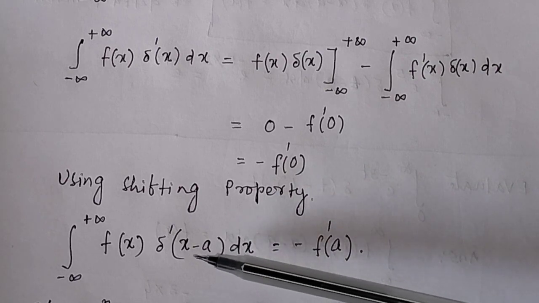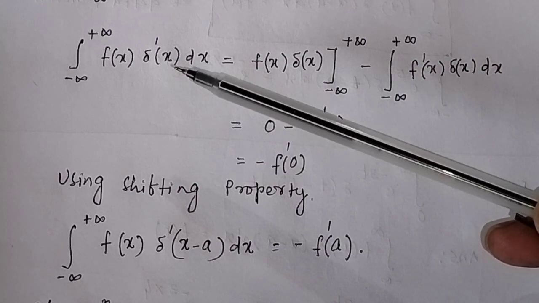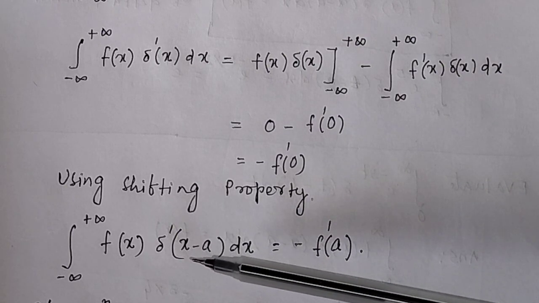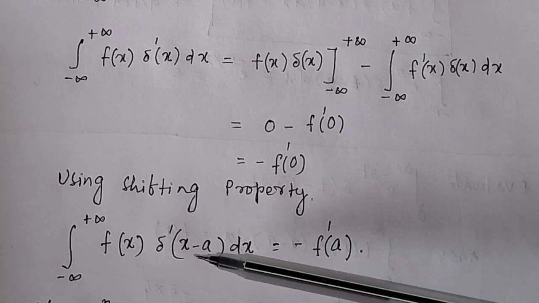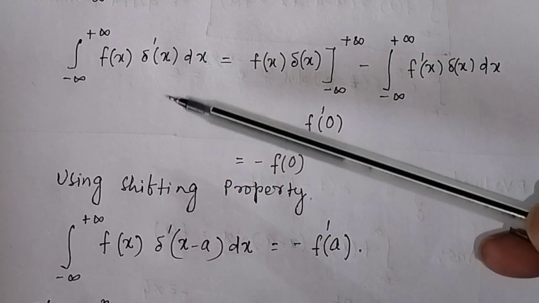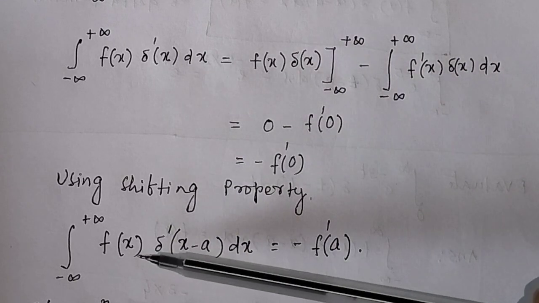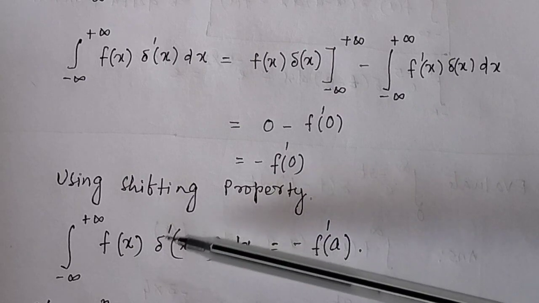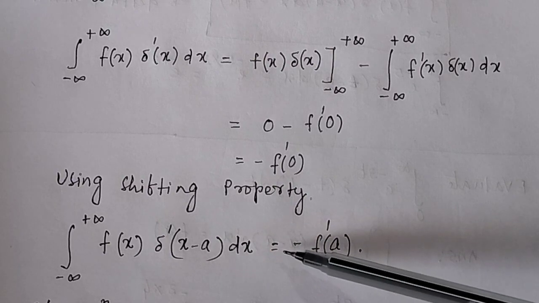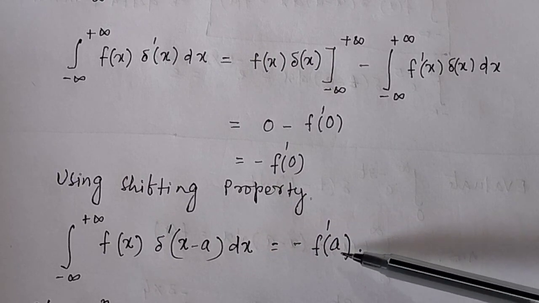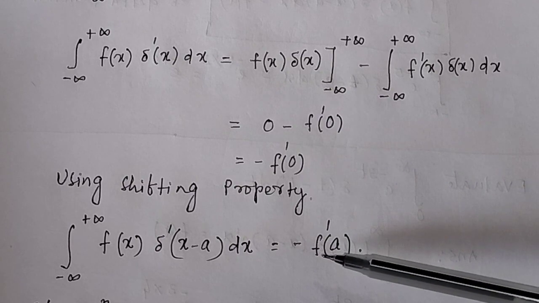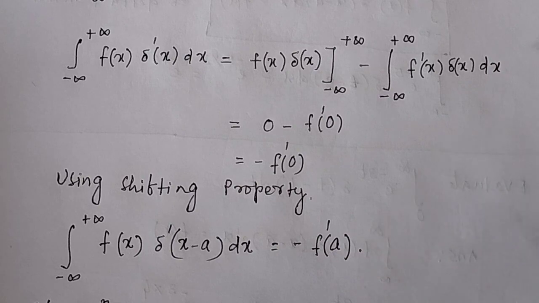And if instead of delta dash x you have delta dash x minus a, then from the shifting property I discussed in the previous video, the value x equal to 0 has been shifted to a. Then the same formula, the integral of f(x) times delta dash, the first derivative of the delta function at x minus a, dx, will be equal to minus f dash a. Here it is minus f dash 0 because x equal to 0, and here minus f dash a because x equal to a.